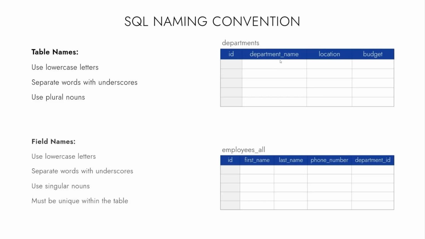It's better to separate those with underscores. It's not impossible. When you're creating a table, which we'll show later, you could actually wrap them in quotation marks if it has a space in it, but it's really better to use underscores. And use plural nouns. That's just better practice.